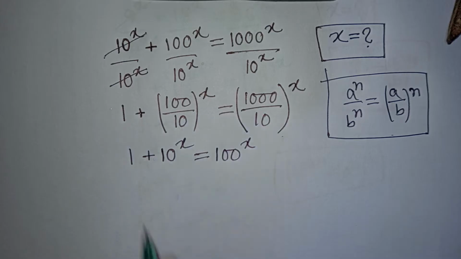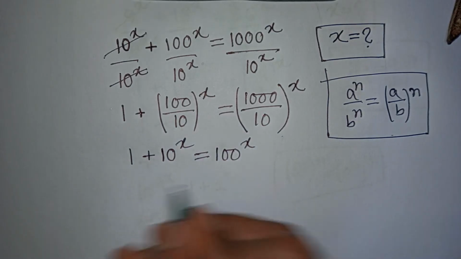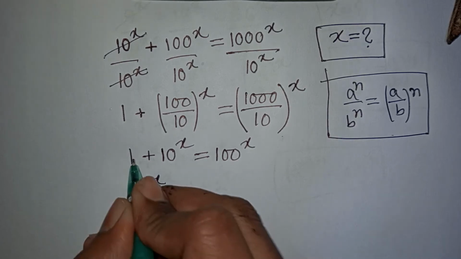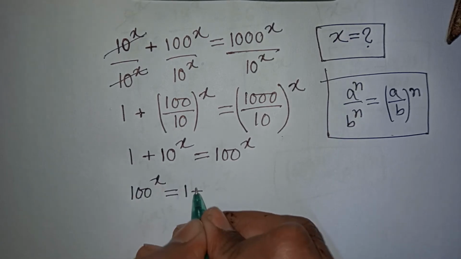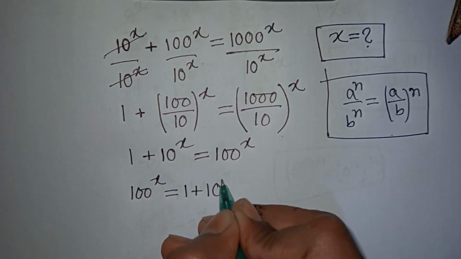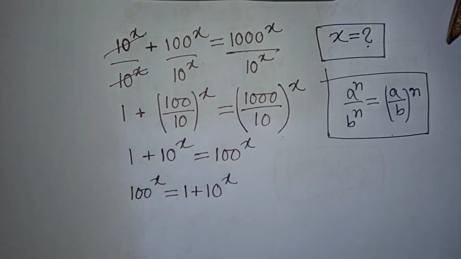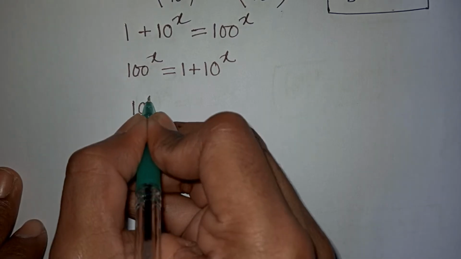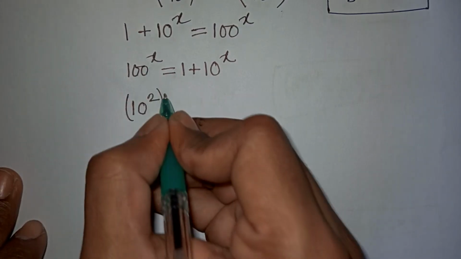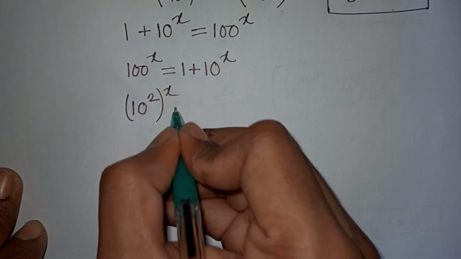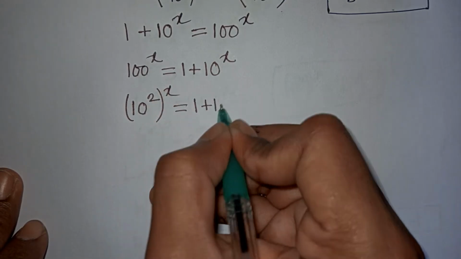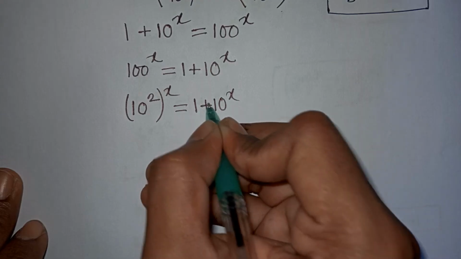Now, we can write here 100^x is equal to 1 plus 10^x. Now, 100^x can be written as (10^2)^x is equal to 1 plus 10^x.